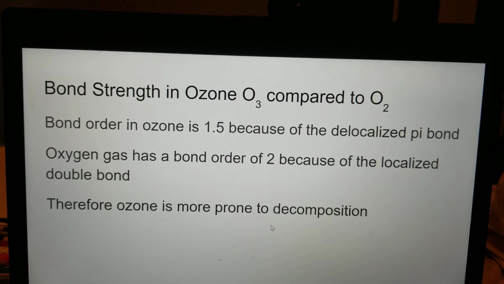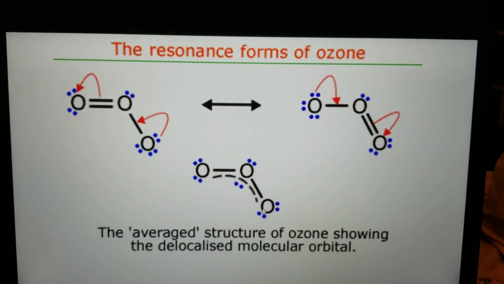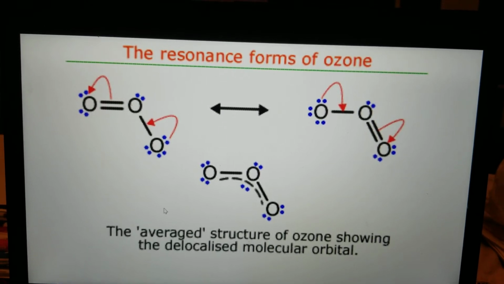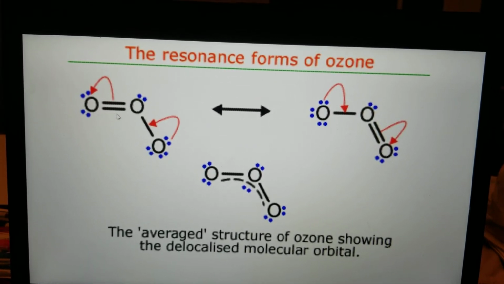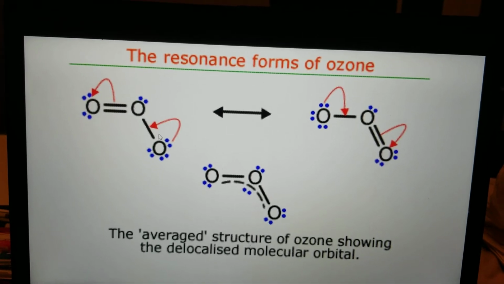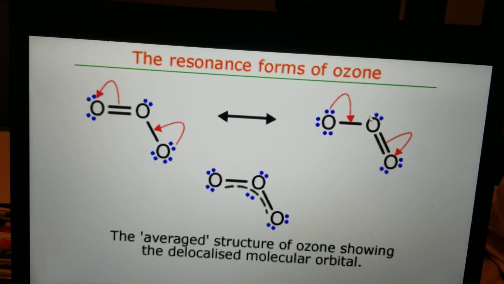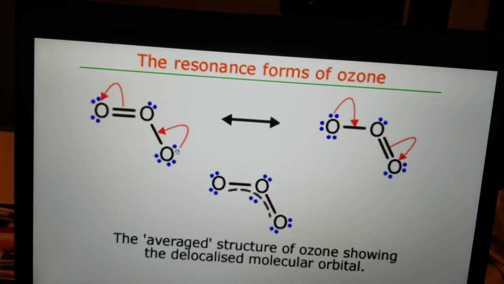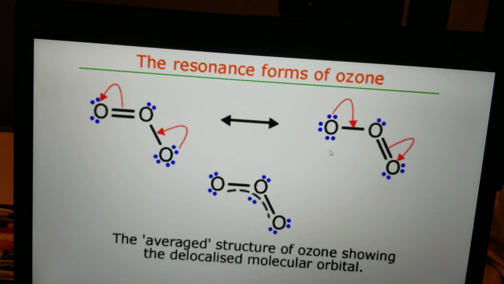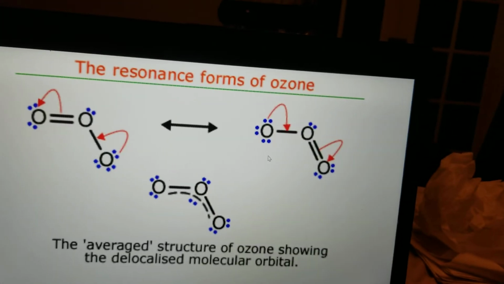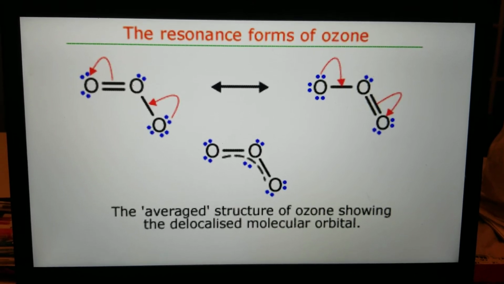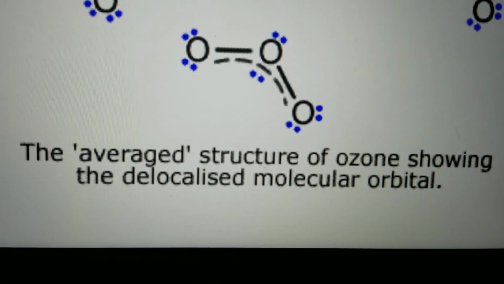So I can show you through these pictures. Here are resonance forms of ozone. So ozone, remember that the double bond can be here and the single bond here, or the single bond here and the double bond here. These are both valid structures of ozone. As a matter of fact, you should write them both when you're talking about resonance forms of ozone. But this is a pretty cool part that you can actually write it like that.